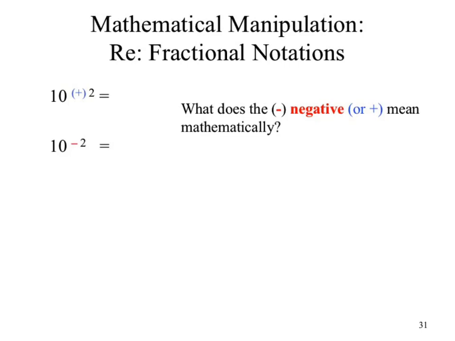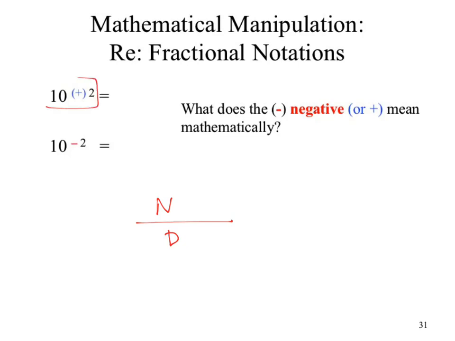That could help out. I would argue what those signs mean is run that calculation in that location or in a different location. What do I mean? 10 to the positive 2 means do 10 to the 2 in the same location where 10 to the 2 is written. Where's 10 to the 2 written? Okay. We have fractions, everybody's favorite thing, fractions. In a fraction we have a numerator and a denominator.